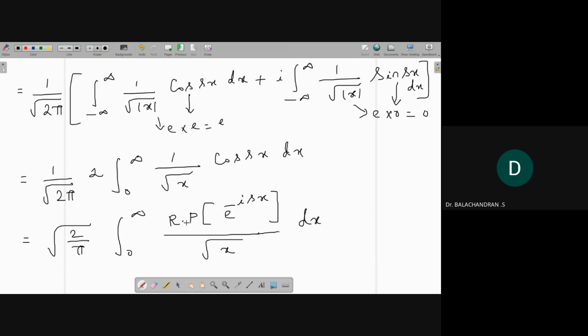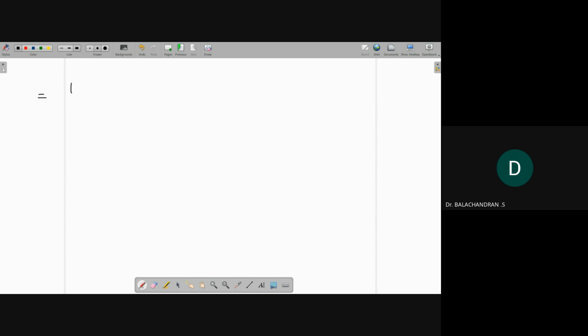The next step, I'll take the real part outside the integral. So you can write real part of 1 by root 2 pi, integral 0 to infinity e power minus isx by root x into dx.